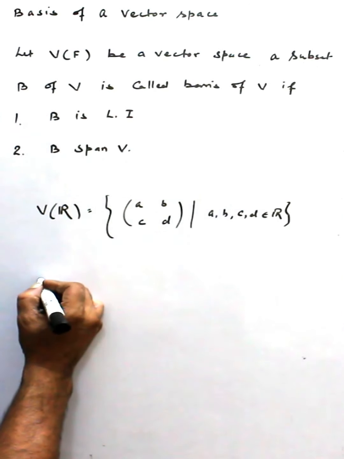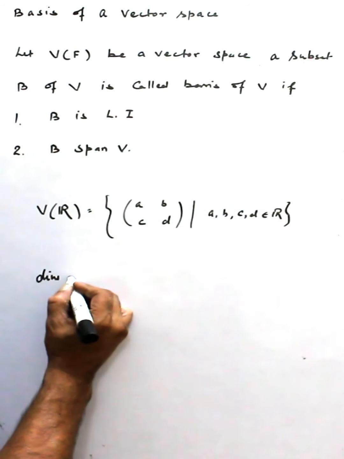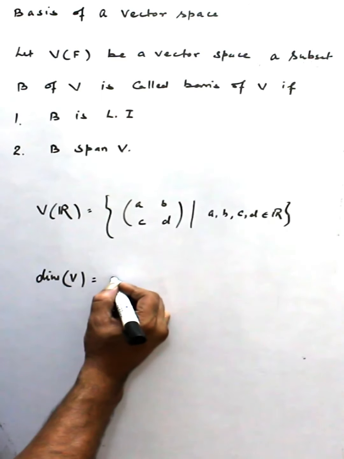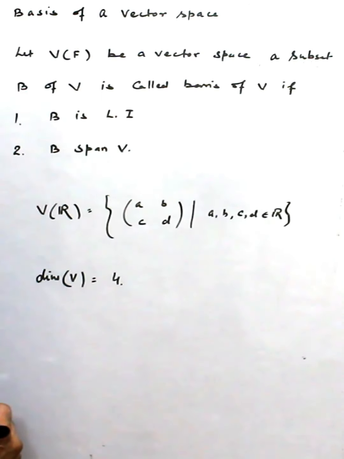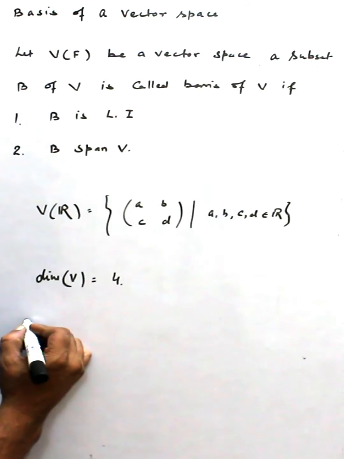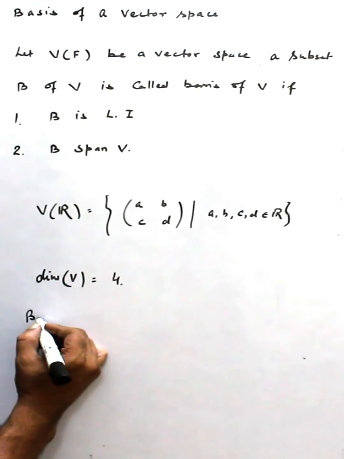Now, what is the dimension of V? It is 4. Because what is the basis of this vector space?